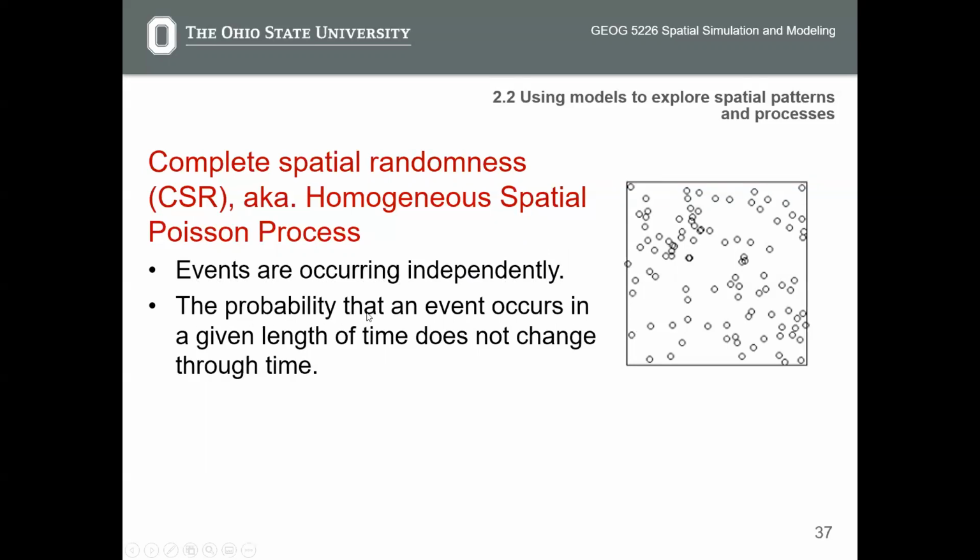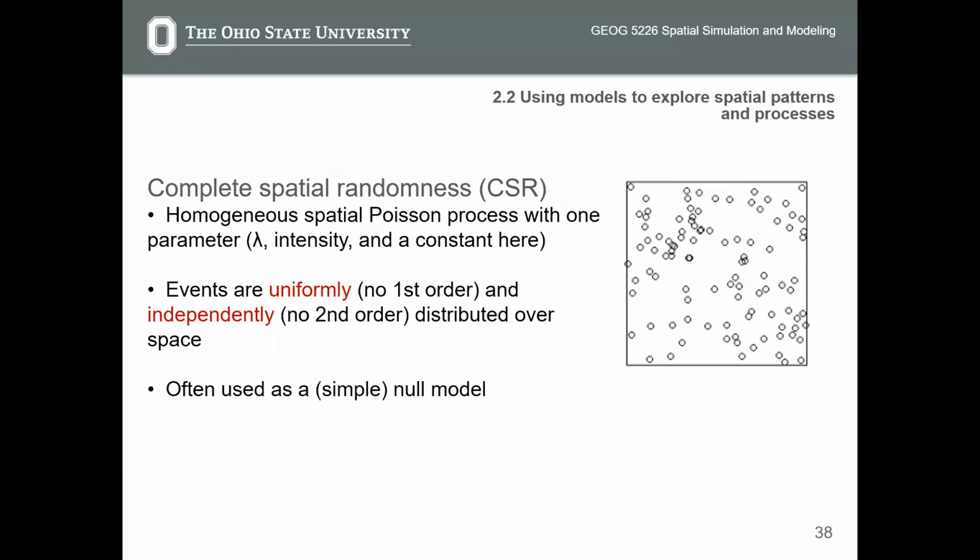Secondly, the probability that an event occurs in a given length of time does not change through time. It means there is a specific value, usually the intensity, lambda. It is a homogeneous spatial Poisson process with one parameter, and it is a constant.